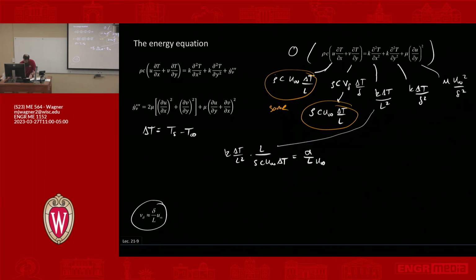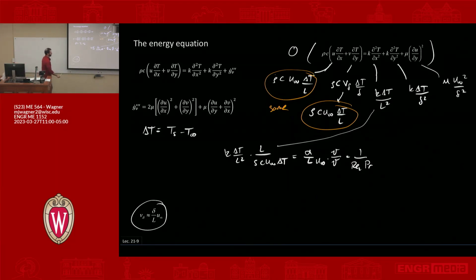And then let's also bring in the viscosity. We're just going to manipulate it a little bit. We're going to multiply by viscosity over viscosity. And that would give us something interesting, which is 1 over Reynolds number, Prandtl number.